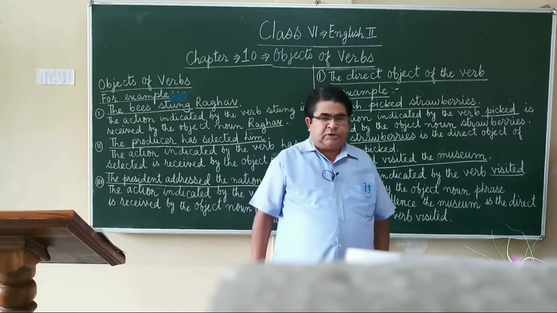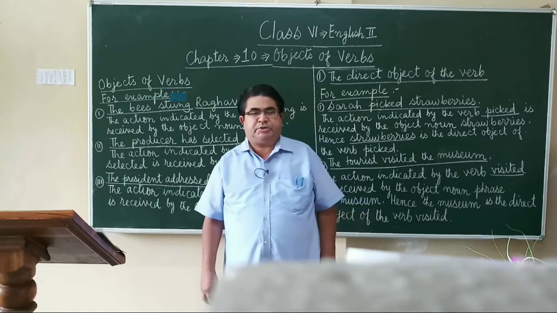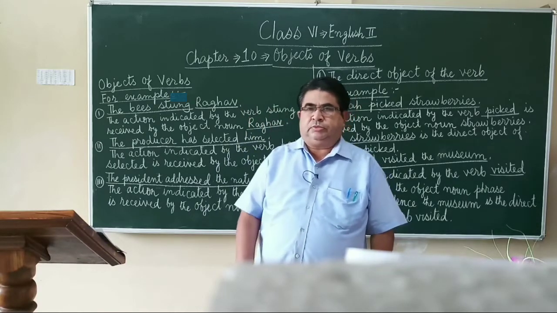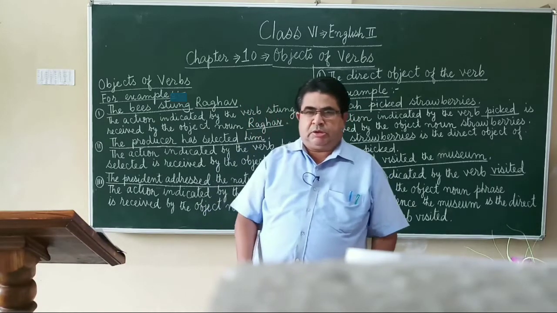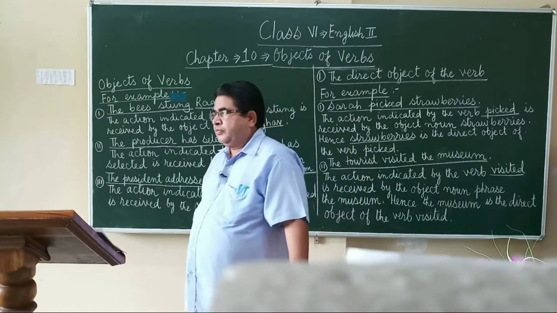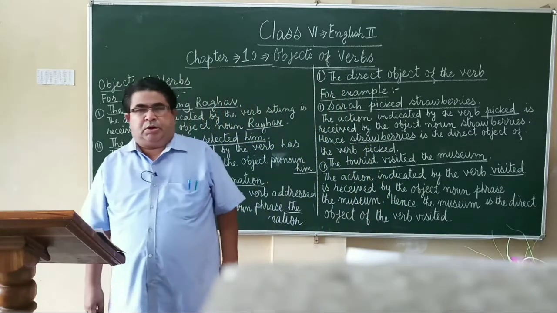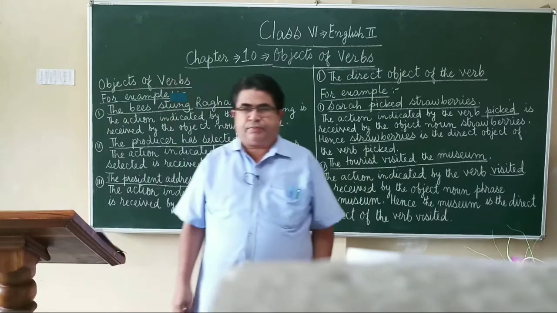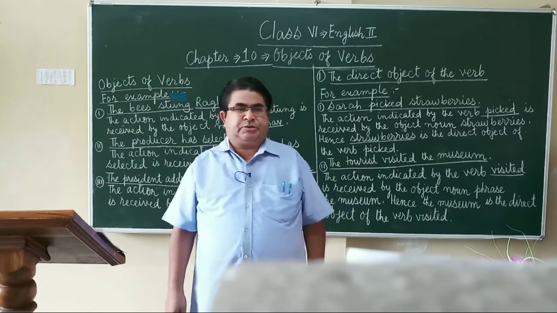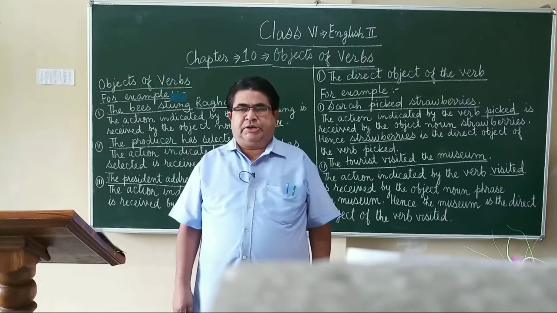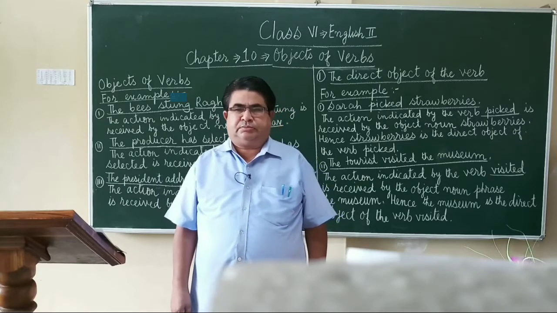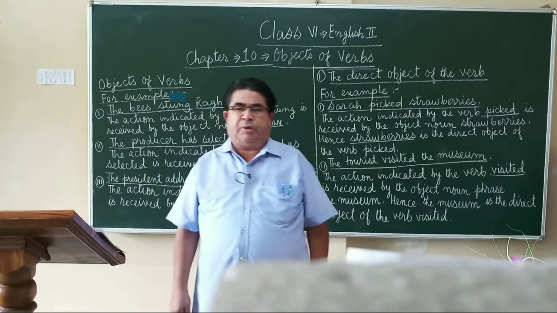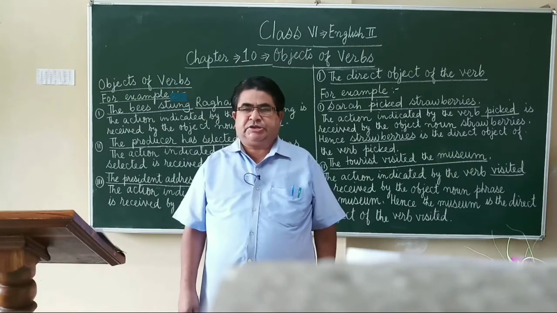Children, let us learn what is object of verb with examples. The noun phrase or pronoun that receives or is affected by the action indicated by the verb in a sentence is called object of verb.